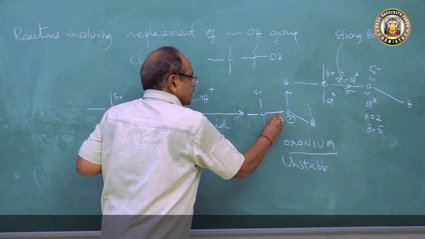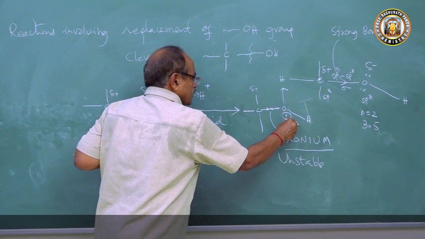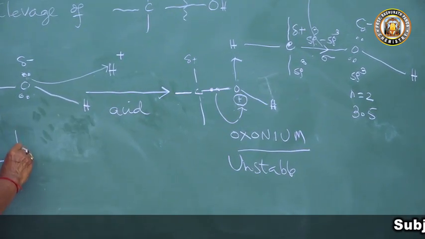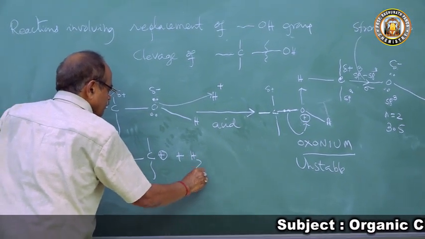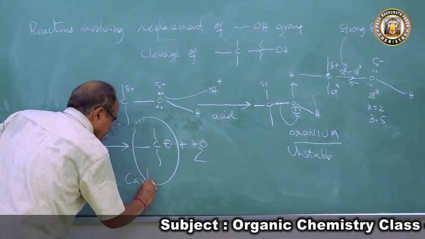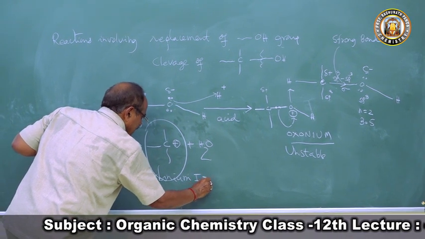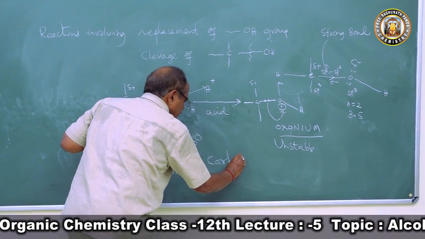Now this pair of electrons gets displaced, and as a result we get a carbon atom with a positive charge and a water molecule. So this produces a carbonium ion. This is a carbocation or carbonium ion.